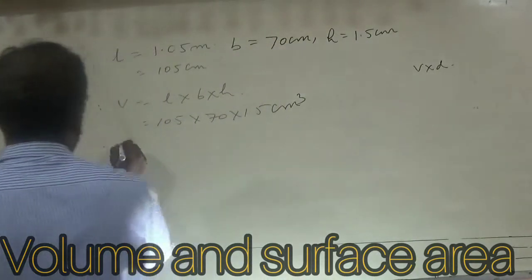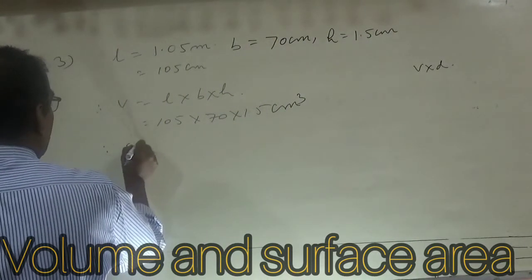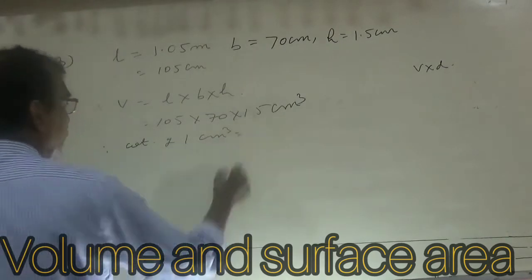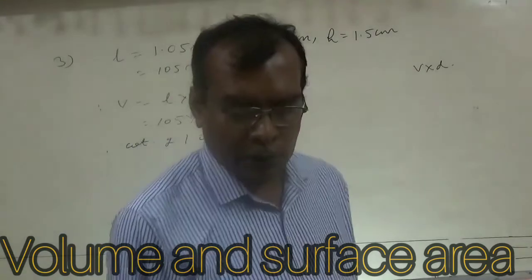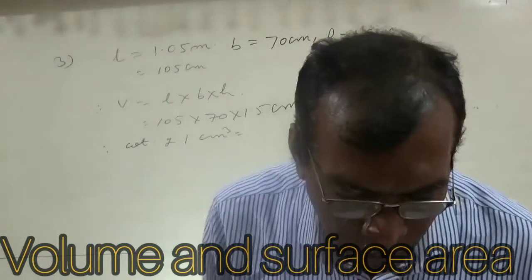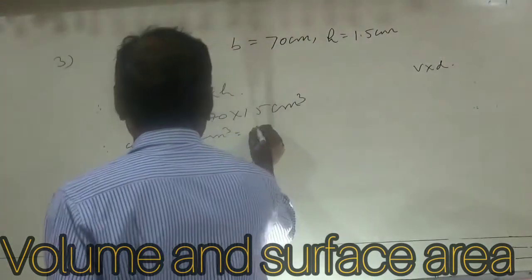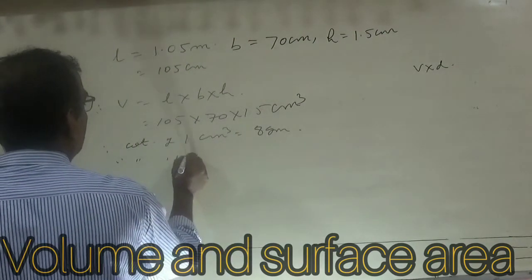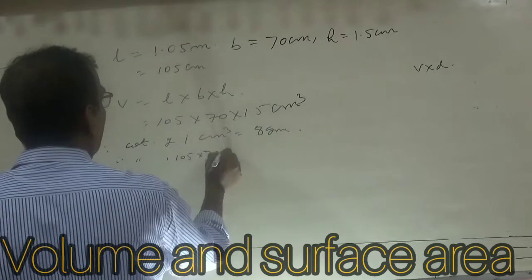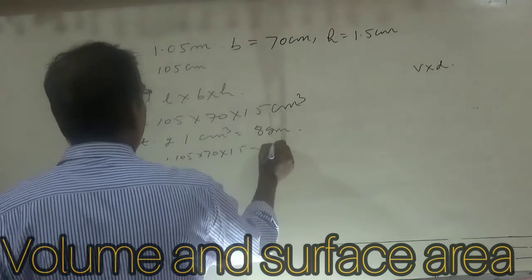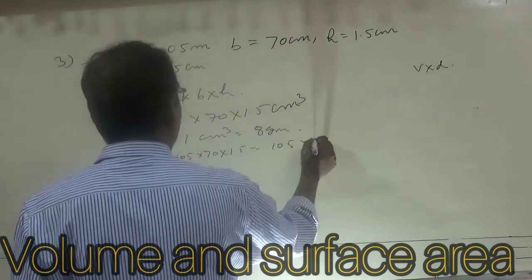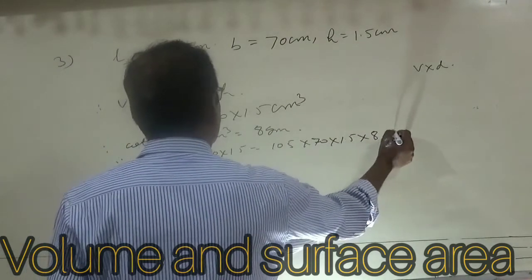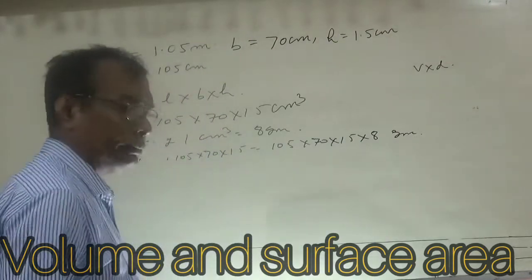Since the weight of 1 centimeter cube is given as 8 grams, the weight of 105 into 70 into 1.5 is equal to 105 into 70 into 1.5 into 8. This will come in gram.